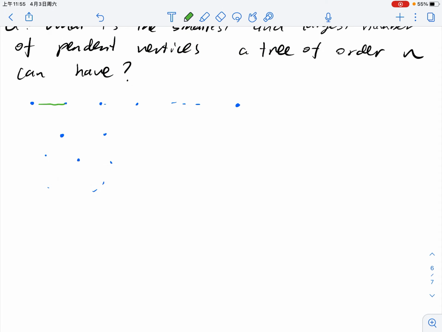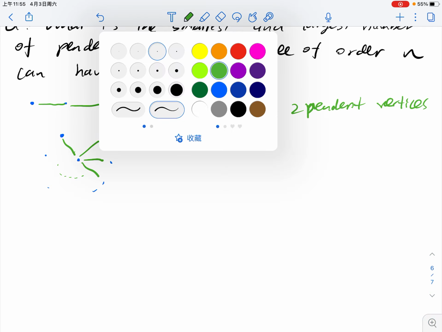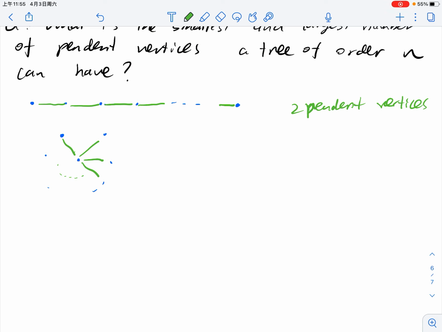The example of 2 pendant vertices is given by a line. And for n minus 1, you just fix one point in the middle and connect it to the remaining n minus 1 points. So this has n minus 1 pendant vertices. This also has a name, star.